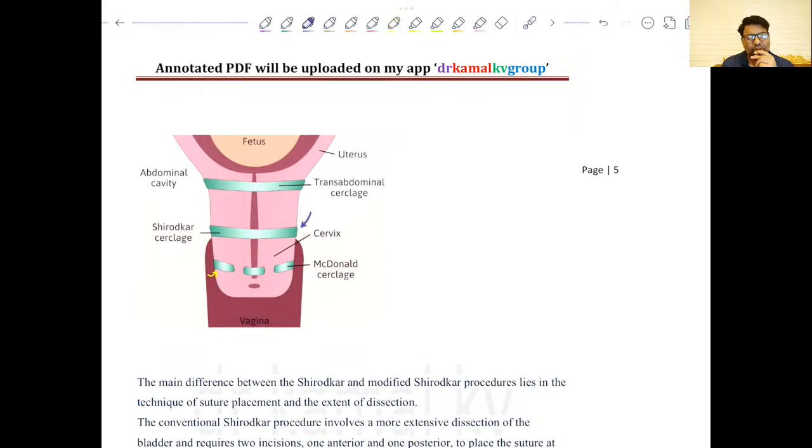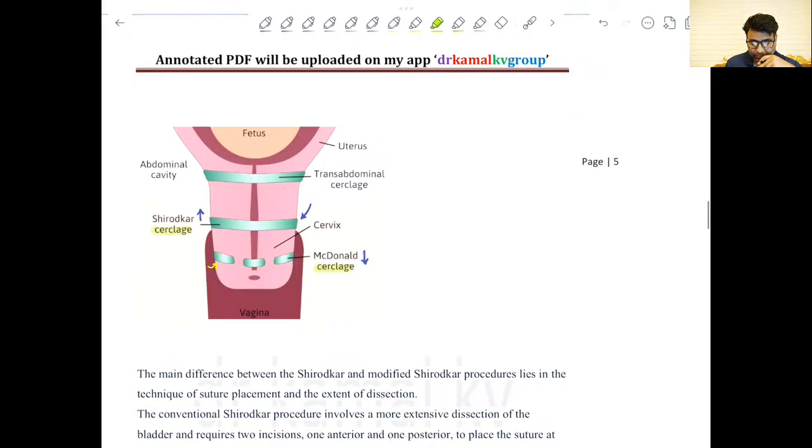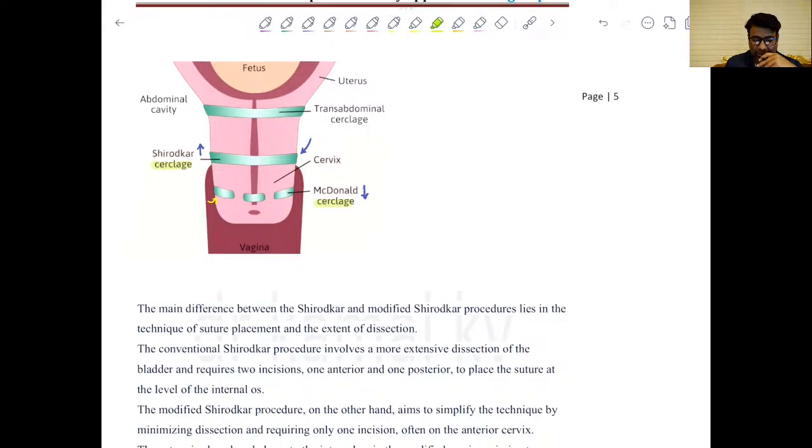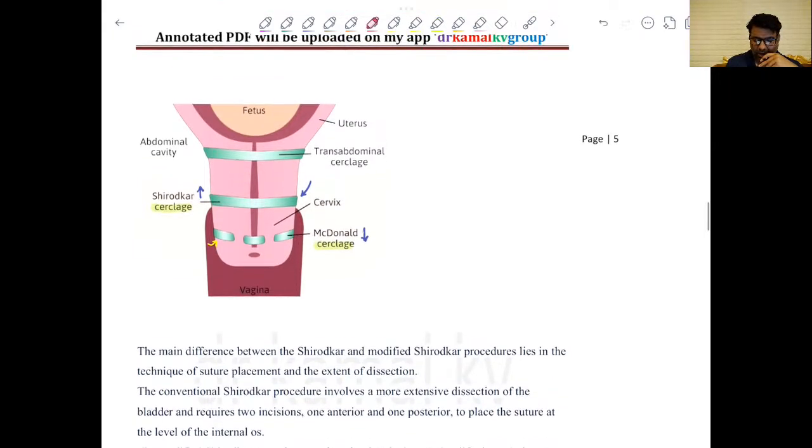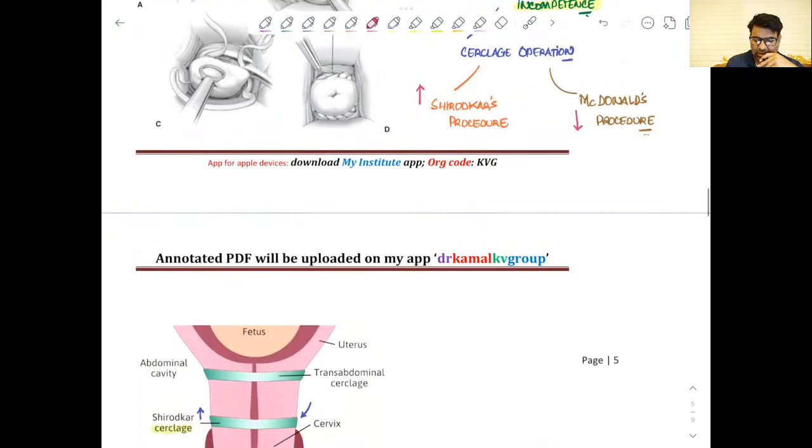McDonald's cerclage is towards the lower side and Shirodkar is towards the upper side. So these are the two surgeries usually done for cervical incompetence, and the principle of the surgery is cerclage. Now the question is about Shirodkar, and even in Shirodkar there is some modification.